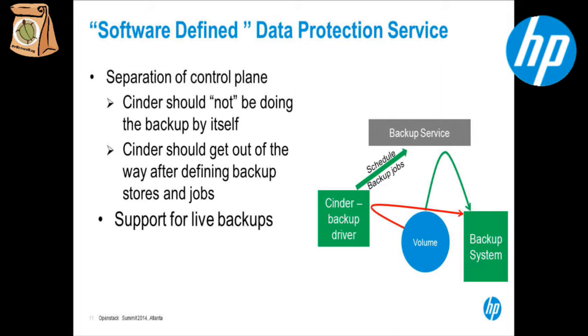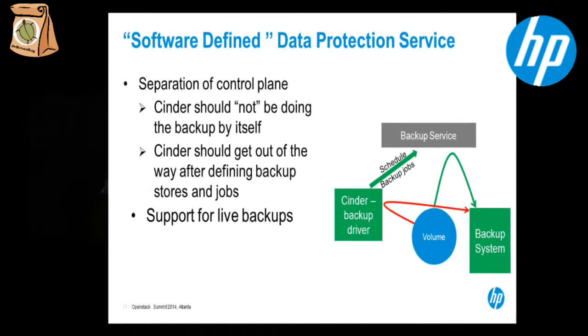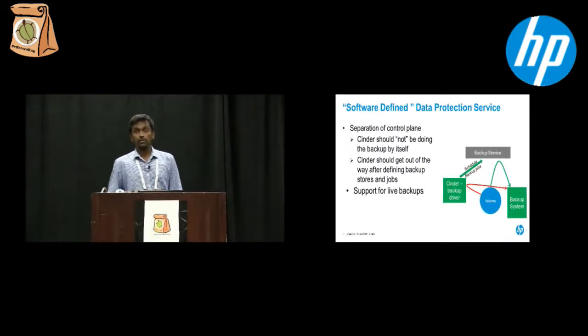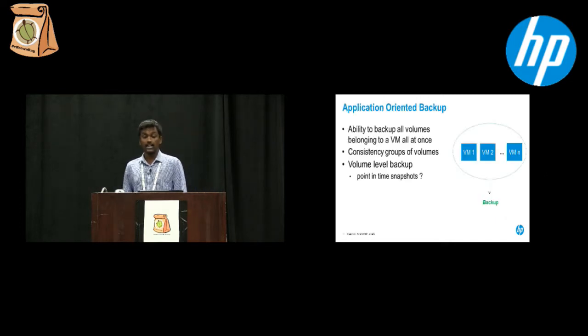Also, because live backup is not supported, if Cinder dies, the instance cannot be used, and there needs to be a manual intervention to take care of that. So this separation of control plane and support of live backups is critical for realizing the real goal of OpenStack.